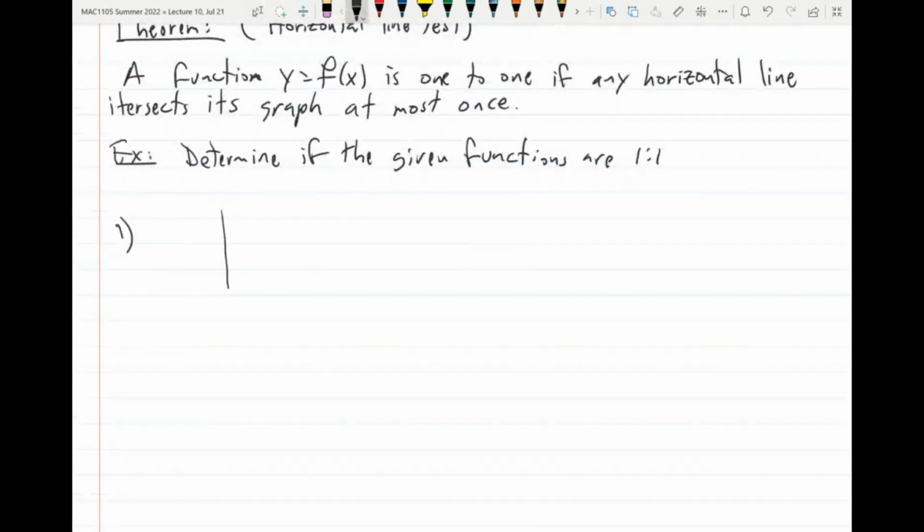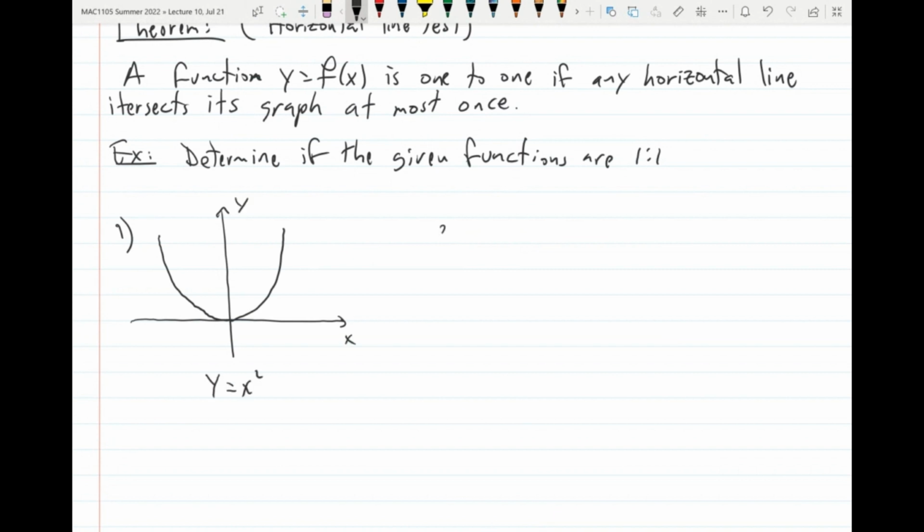Okay, so let's do this guy. What do you think? If you were to pick a formula for this shape, what would you say? It's squared. I mean, it could be something else, right? 2x squared or whatever, but I don't know. Let's say x squared. And let's do this one.